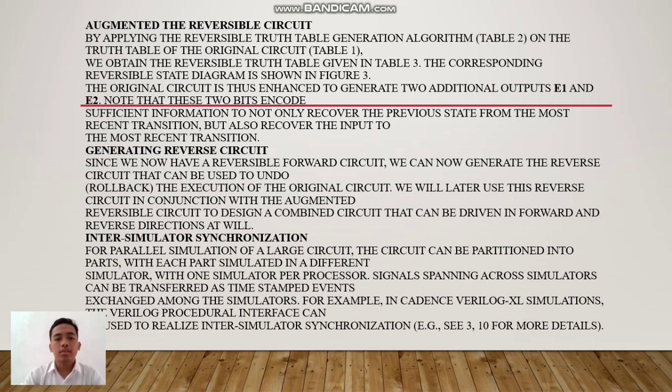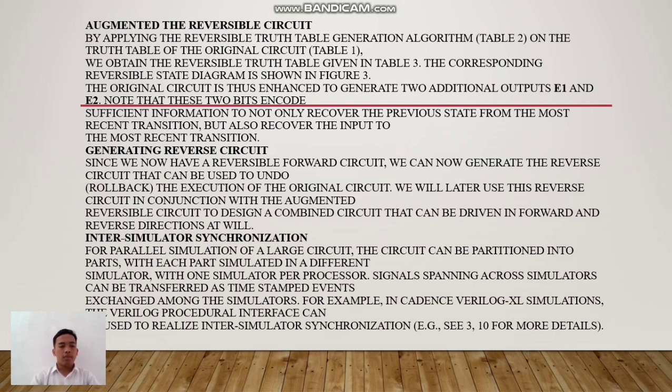We will later use these reverse circuits in conjunction with the augmented reversible circuits to design combined circuits that can be driven in forward and reverse direction at will.